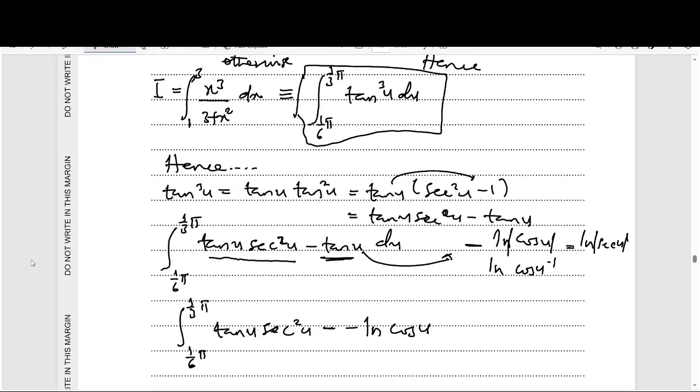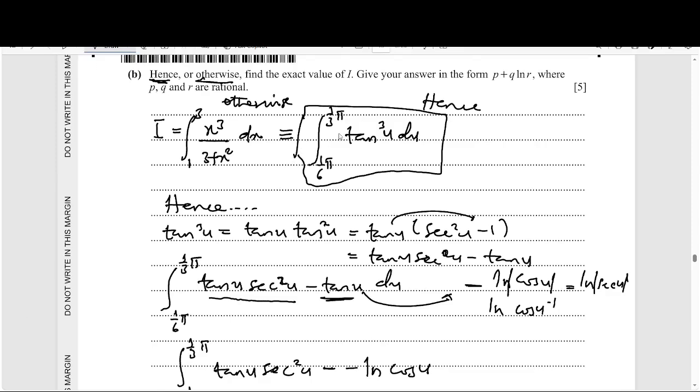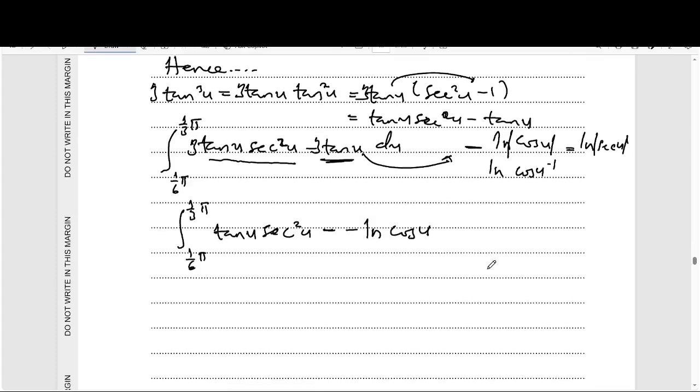Oh, and then there is a number I've forgotten to write. There was a 3 here. Sorry, all this while. So it means 3 comes at the end of all these things. Don't forget the 3. So it comes down here.